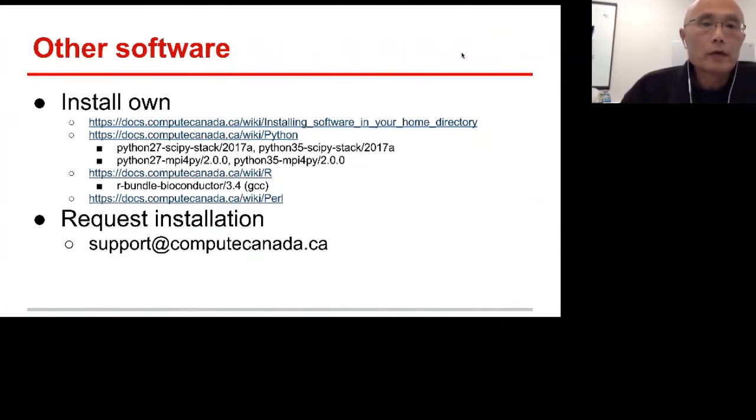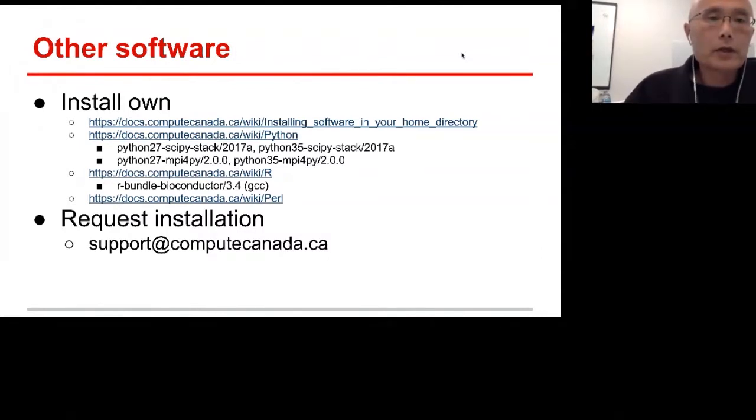And similarly for R, we've basically only compiled some basic ones, and then there's a special module for Bioconductor, which has a rather large number of packages. But other than that, you should be installing R packages in your own space. And similarly for Perl. The instructions are given at those links. You may have a hard time finding some of these links.